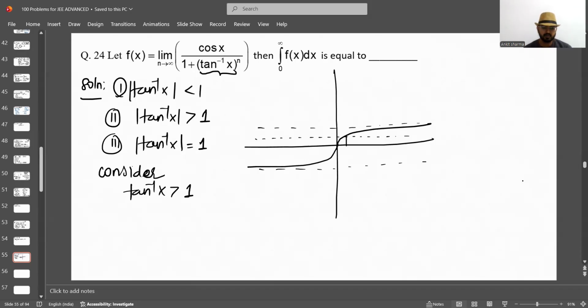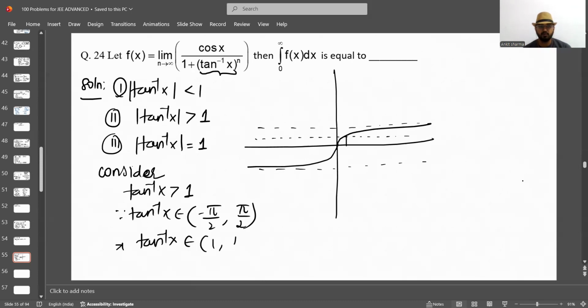Which means tan inverse of x, after this condition, is going to belong to (1, pi by 2). Of course this is a bijection, which means I can take the inverse on both sides. So x belongs to (tan 1, infinity).